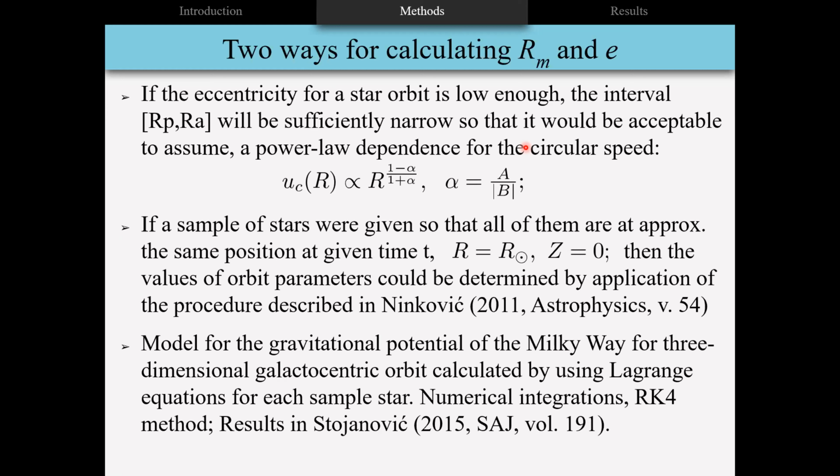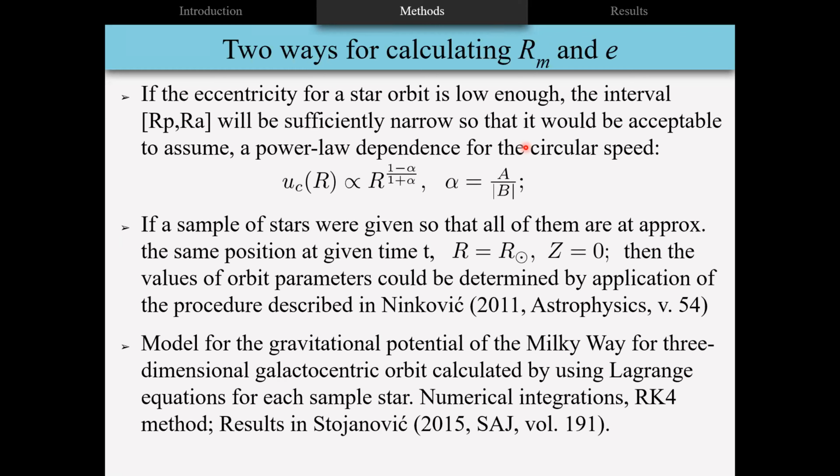So when we use these simplifying assumptions, we can calculate the parameters for many stars much faster, but of course we need to be able to check somehow if this is good enough, because it is some kind of approximation. So the reliability of the obtained results strongly depends on the quality of these assumptions.